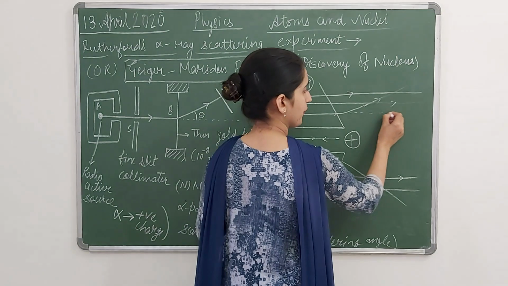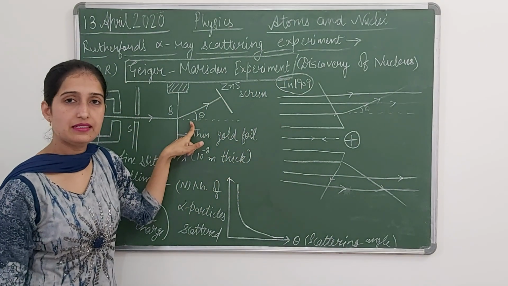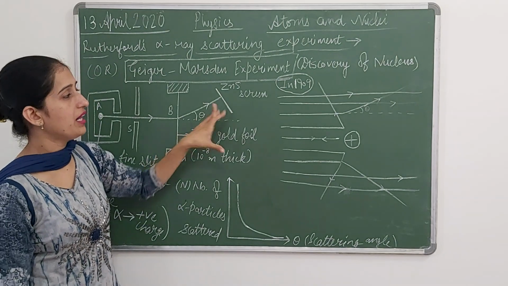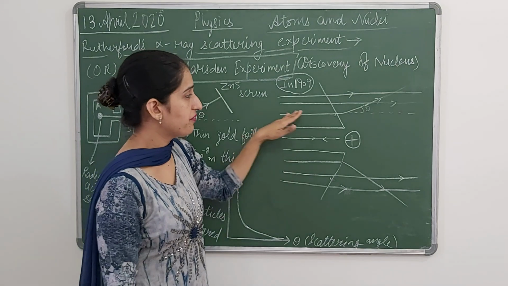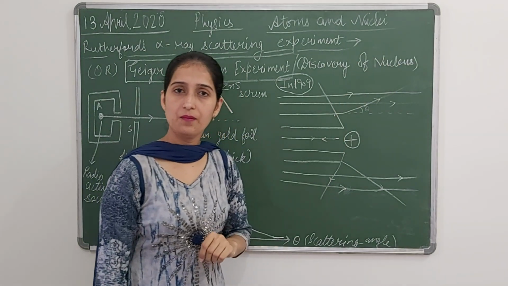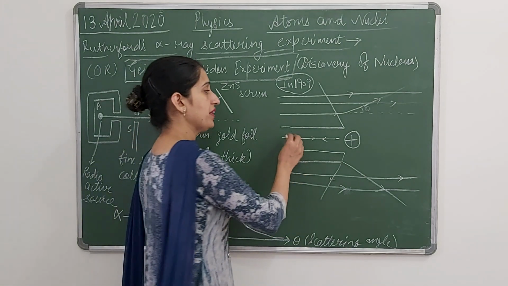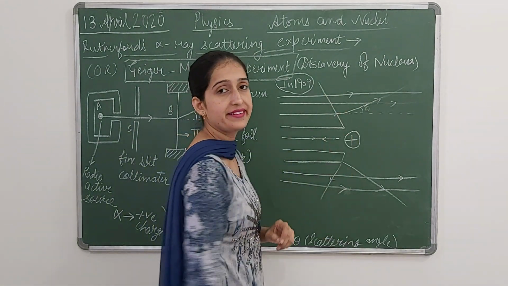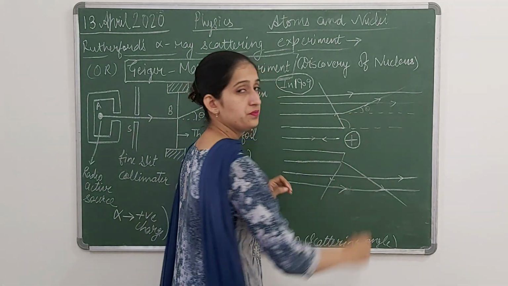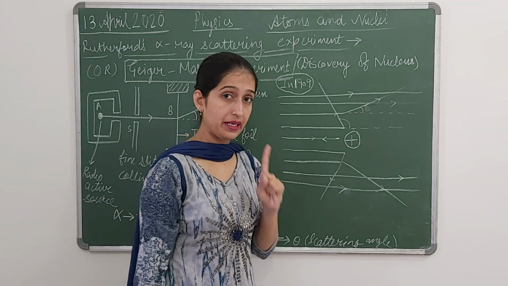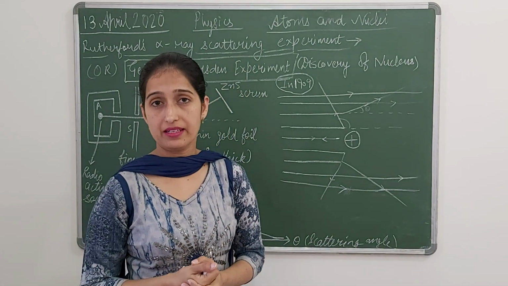An angle we can draw like this. Here also we have drawn the angle. Most of the alpha rays go straight. Few of them deviate with a little angle, and very few will deviate with greater than 90-degree angle, and one alpha particle out of 8,000, 9,000 alpha particles.